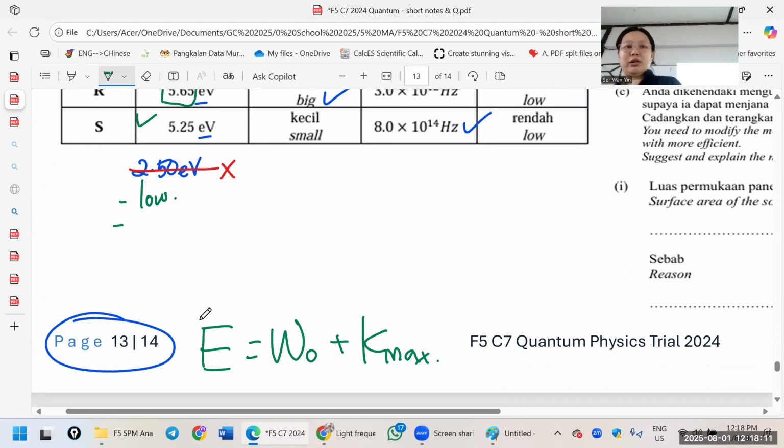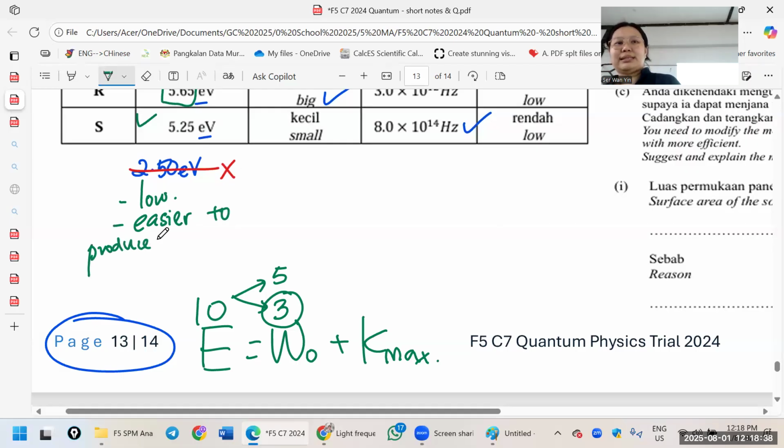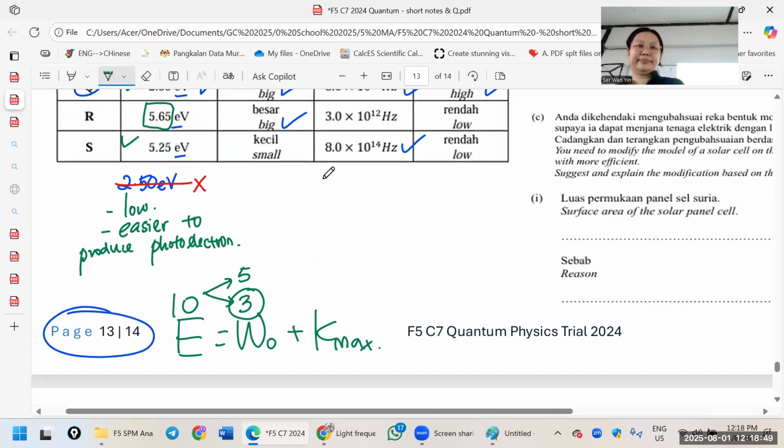Let's say if you got 10 ringgit, and the work function is 3, and the work function is 5. Which one to emit out the electron? 3 or 5? 3, right? So we say smaller work function, easier to produce photoelectron.